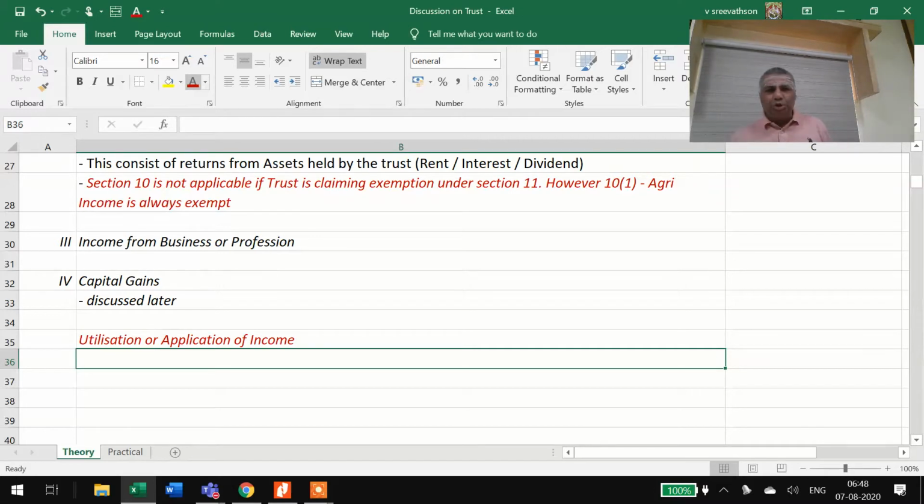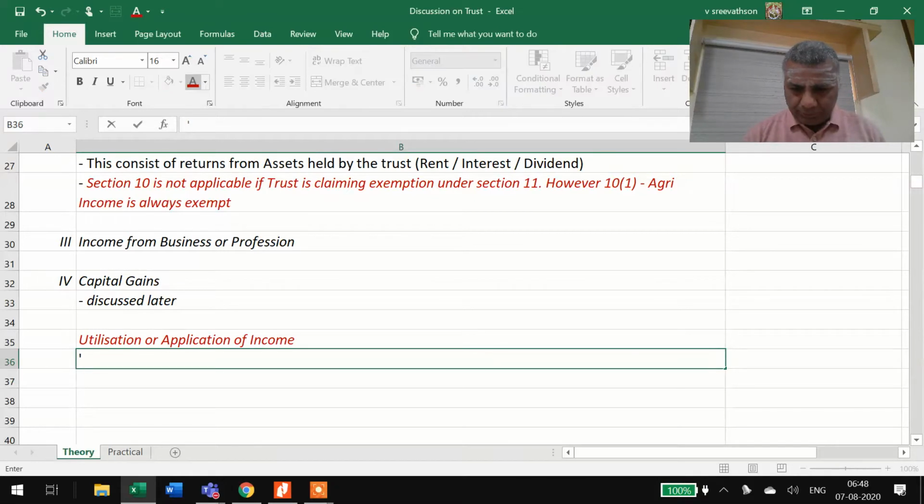How the income should be applied so that I get the benefit. How the trust should use the income for getting the benefit. 85% of the income should be utilized for the object of the trust.